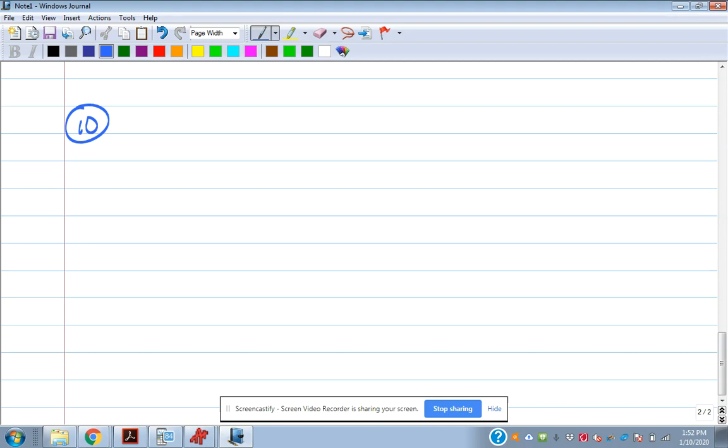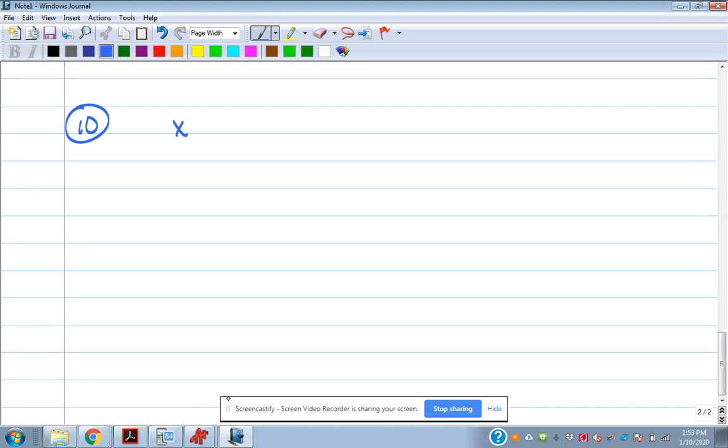So when we try to set up an equation for this, if the first one I call x, what would the next one be? Think, how do you get from 3 to 4?